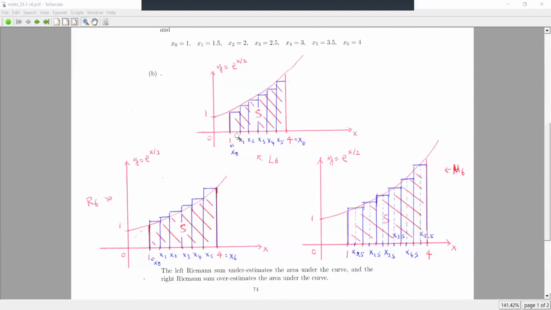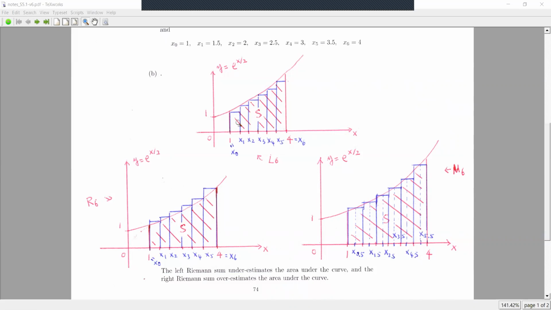Over the first subinterval, I use the function value at the left endpoint of the subinterval as height to build 1 rectangle. Over the second subinterval, I use the function value at the left endpoint, x1, as the height to build a rectangle. Over the third subinterval, I use the function value at the left endpoint x2 as height to build a rectangle, and so on.